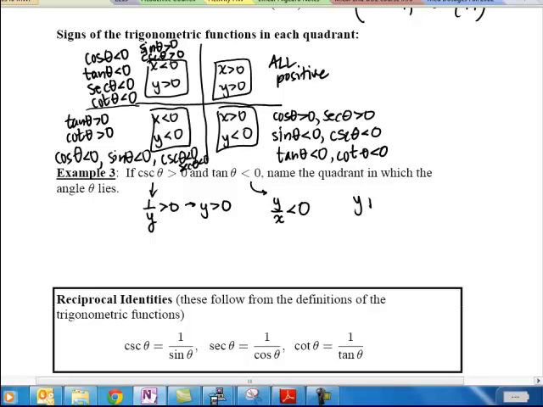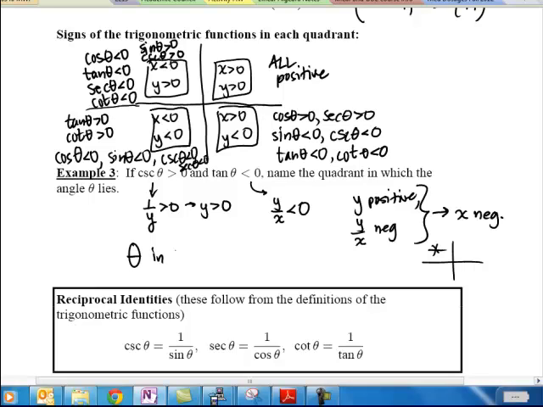But if y is positive, and y divided by x is negative, that information together tells us that x must be negative. So if y is positive and x is negative, that means we're going to be over here in quadrant 2. Right? So given two of those signs, we should be able to determine the location of the angle theta.